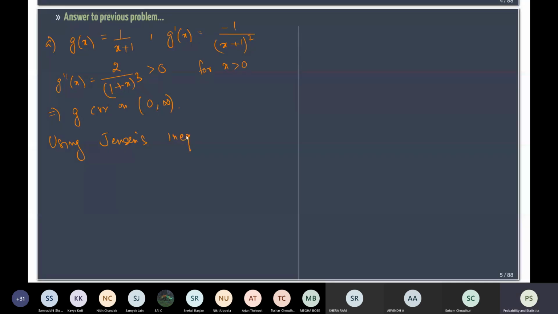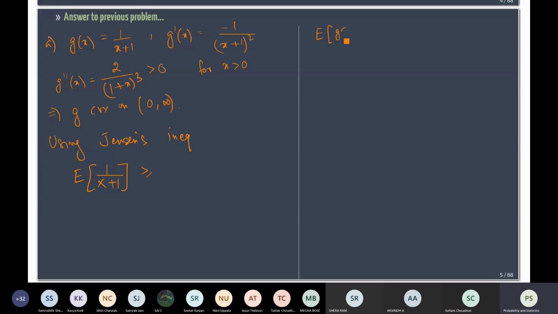inequality. So using Jensen's inequality, what we know is that expectation of 1 by x plus 1 is greater than or equal to... So what we know is the line joining the curve is above, right?